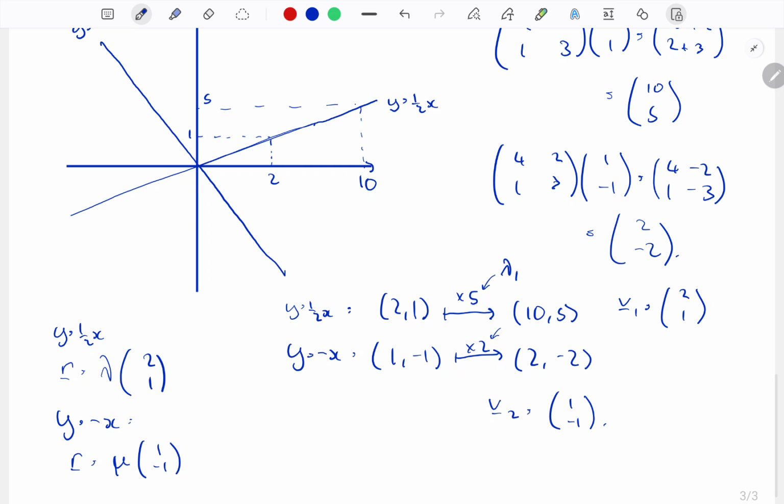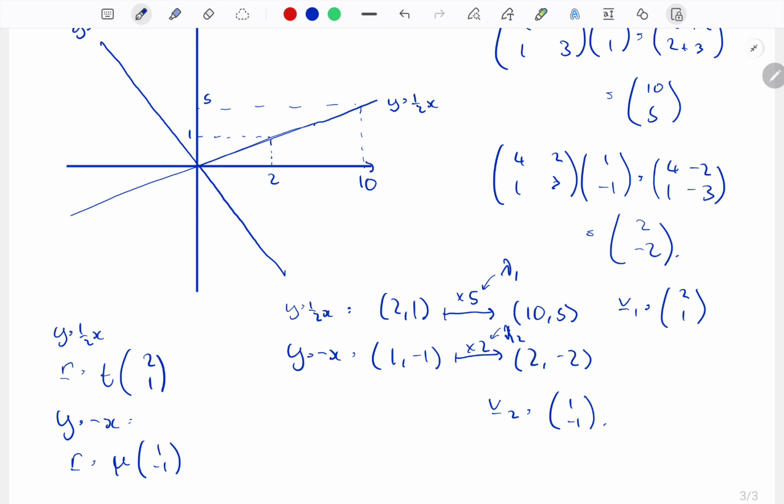So what we are saying is that when the matrix M is applied to a point on the line going through the origin, r is equal to lambda lots of (2, 1), well not lambda, I shouldn't have put lambda, let's say t.